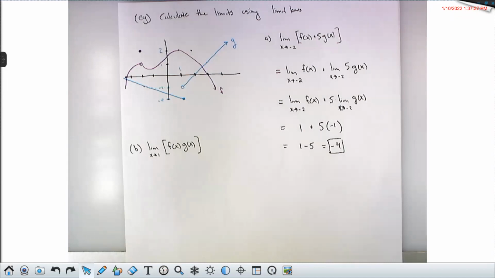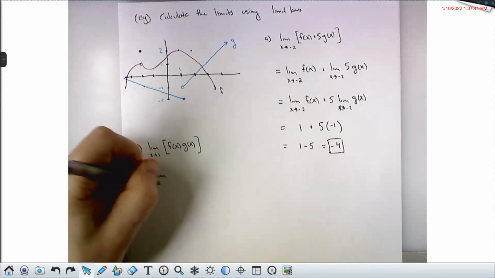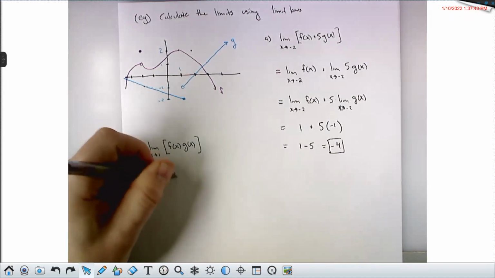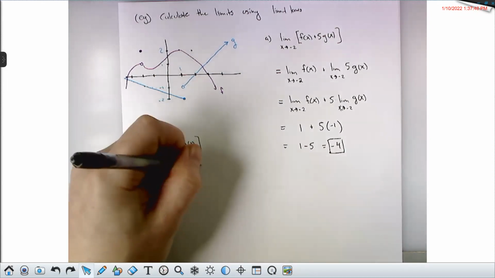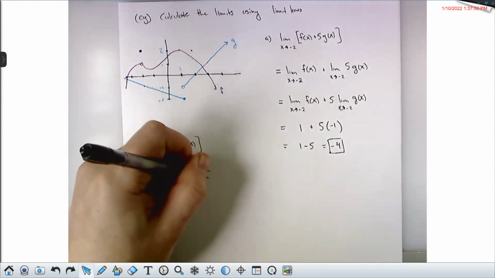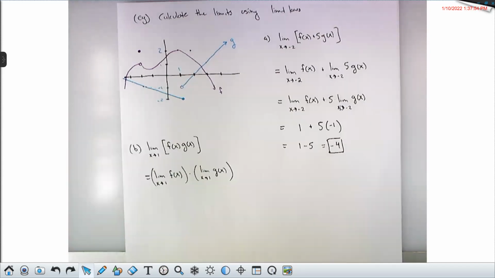By our third limit law, this is the same as the limit as x approaches 1 of f of x times the limit as x approaches 1 of g of x. So we use our limit law to split this limit up, and now we will look at each of these individually. Let's look at f first.